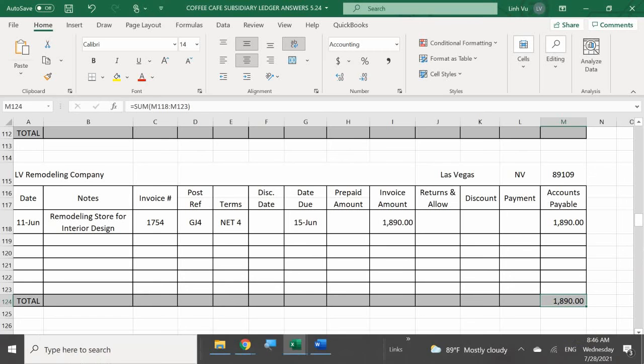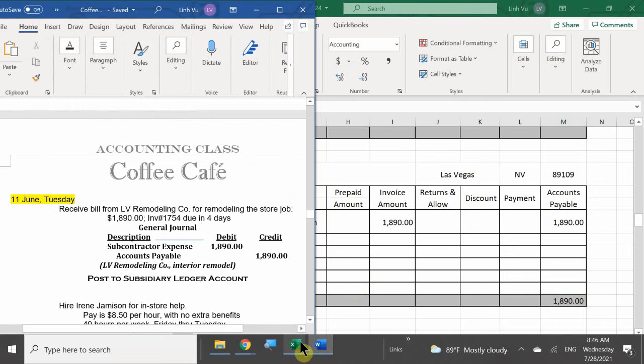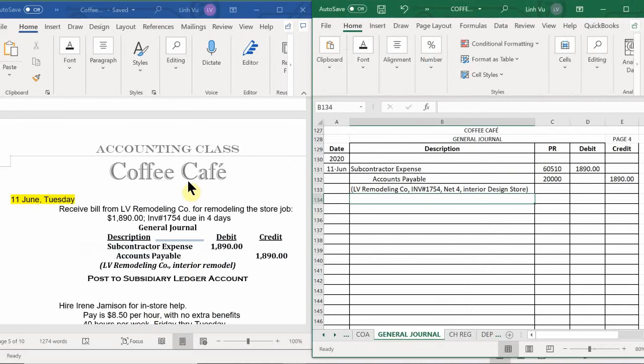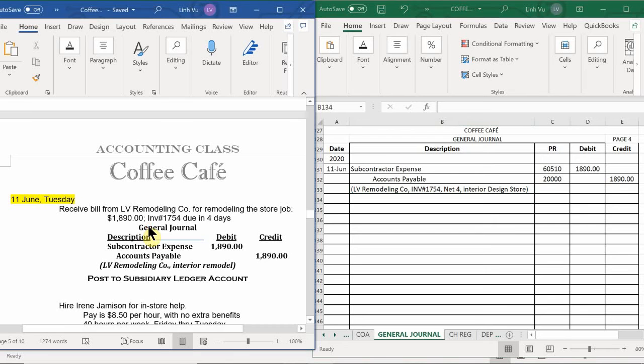All right. Everyone good? Yes. So that's that transaction there.